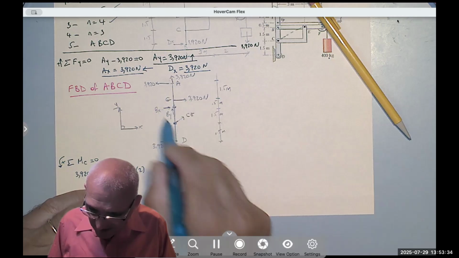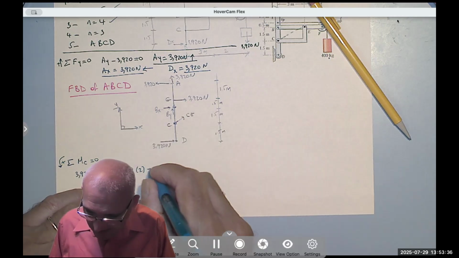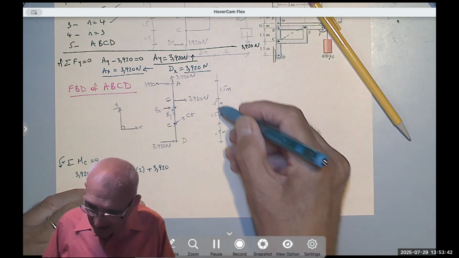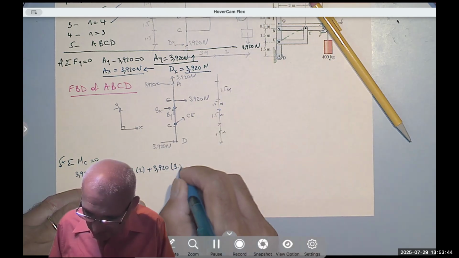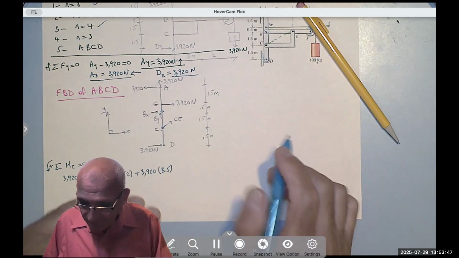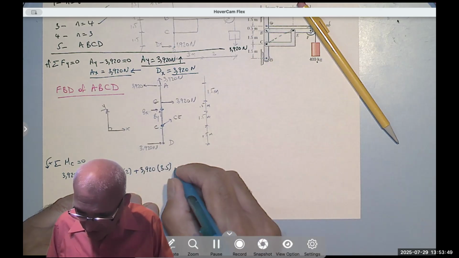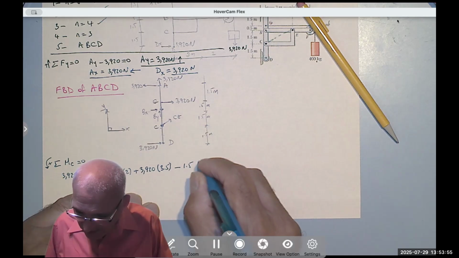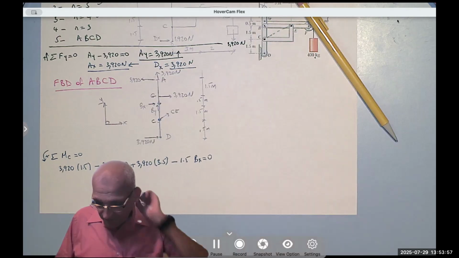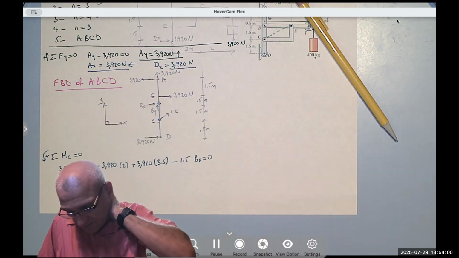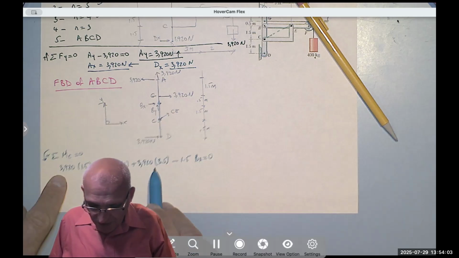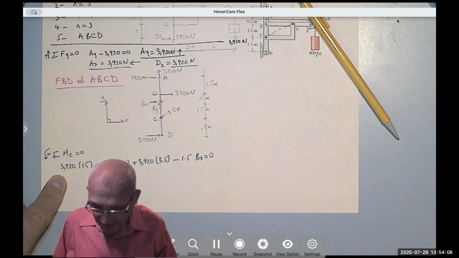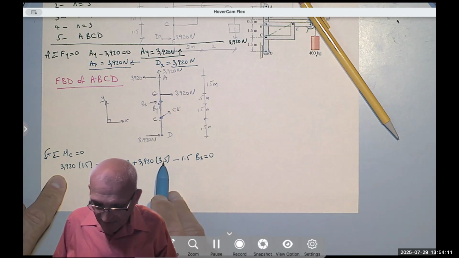So I still have 3920 positive, rotating about C, and that distance is 1.5 plus 3.5. Okay? And finally, I have Bx rotating clockwise, a distance of 1.5, minus 1.5 Bx equals 0. So really, if you take 3920 as a common factor, you get 1.5 minus 2 is negative 0.5 plus 3.5 is 3.